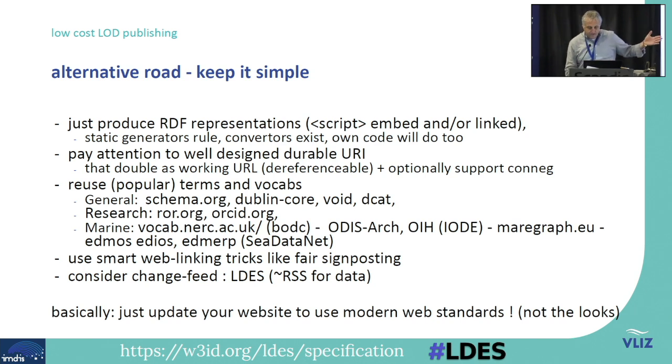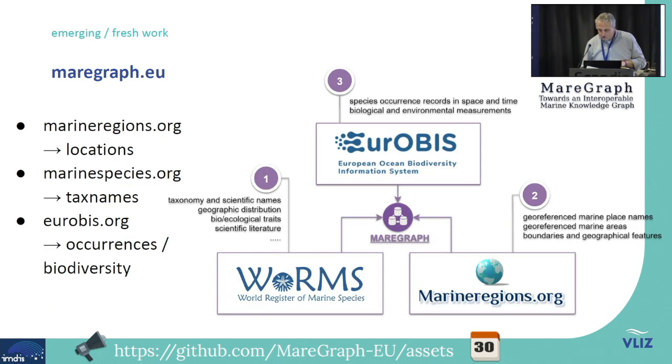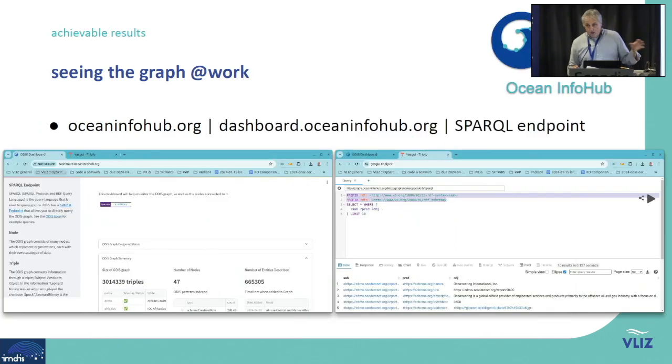Please consider FAIR Signposting and what Salva mentioned, considering LDES feeds, which is actually an RSS for your data, really something you should consider. MarGraph is really about, Salva showed Marine Regions. We're going to do the same for WoRMS, and eventually also EurOBIS, which is on the data point level, making sure we have linked data publication of biodiversity measurements connected together.